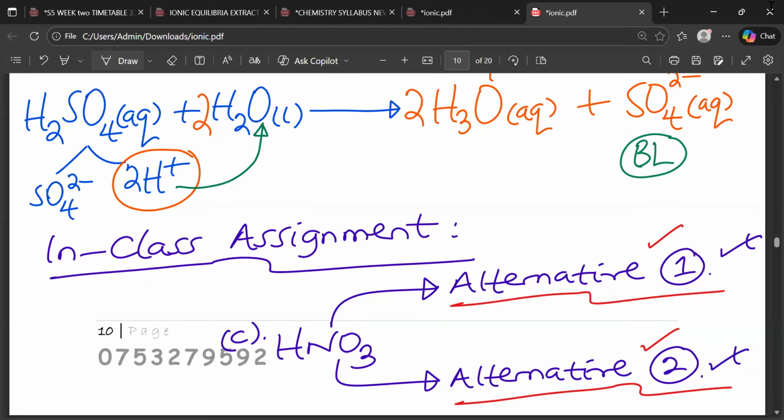The weak ones are the most important ones. Anyone who is done? We all know water is a liquid and the rest are aqueous. You can just write it in the chat. I can understand it. But send a message with both alternatives.